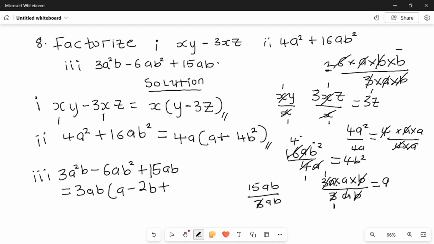So 3 here will get 1. 3 will enter into 15 to get 5, right? A here will cancel a here. And b here will cancel b here. So we're left with plus 5. So this is our final answer.